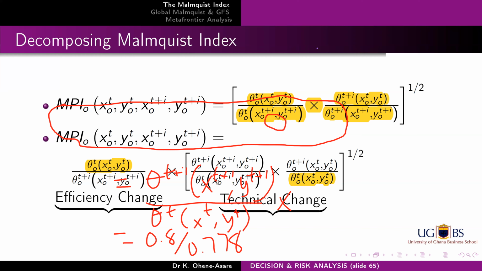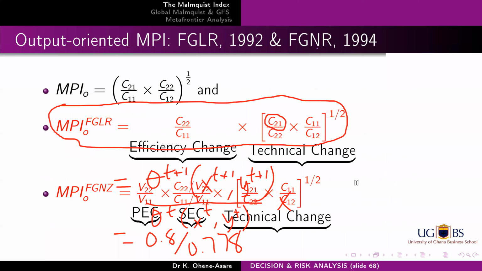If you look into that denominator carefully, you will notice that it is the second year in the bracket relative to the first year frontier. So the only thing is that everything down here has gone up and everything up here has come down.